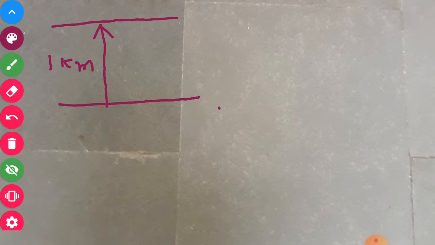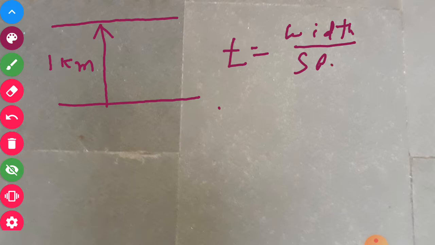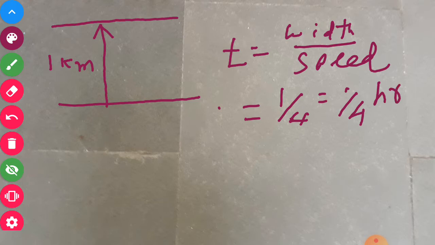Now if you want to find the time taken to cross the river, then time is nothing but distance upon speed, that is width of river upon speed of the person. Width of the river is 1 kilometer, and the speed of the person is 4 kilometer per hour. So he takes 1 by 4 hour, or we can say 15 minutes.